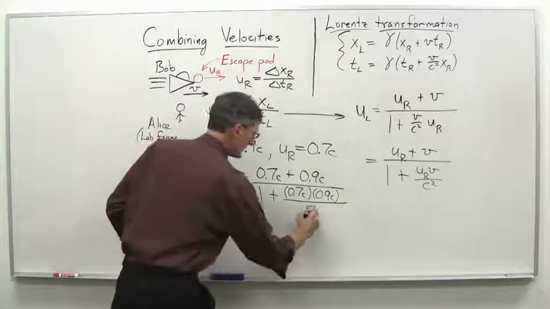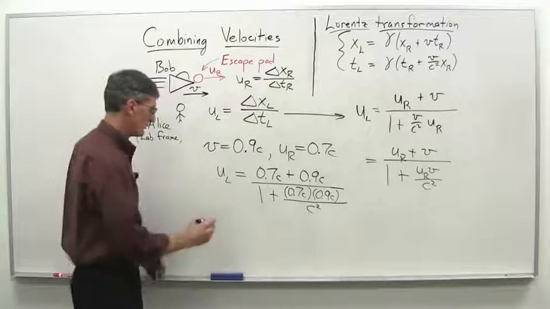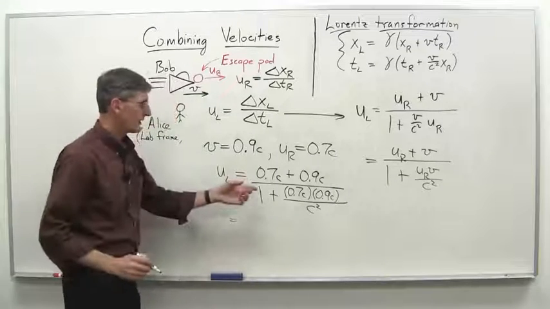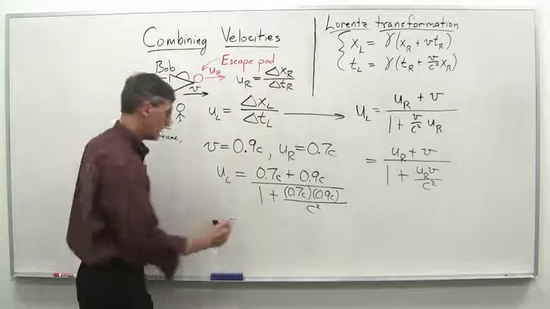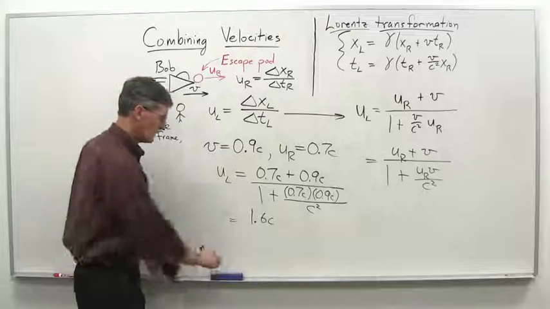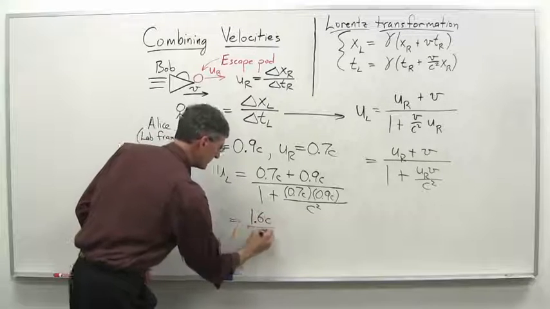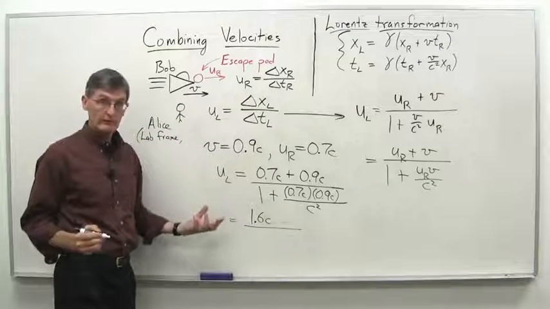Okay, so we just put that there. So what do we have here? We'll do one more step. So 0.7 c plus 0.9 c, 1.6 c. Let me rewrite that so it looks a little better, 1.6 c. Definitely greater than the speed of light there.